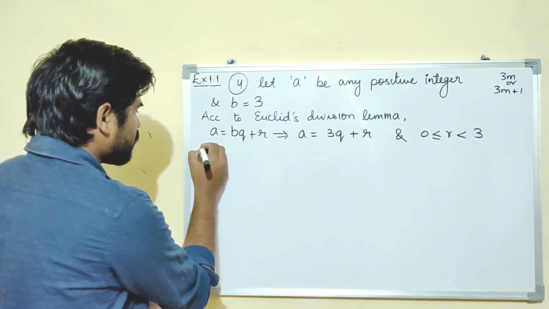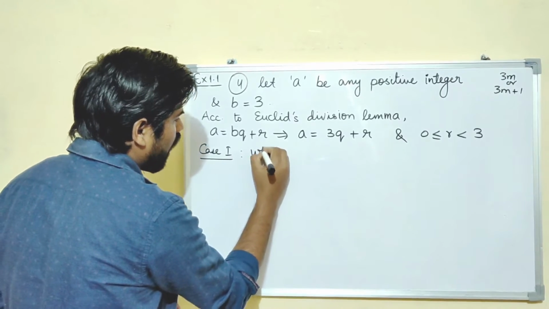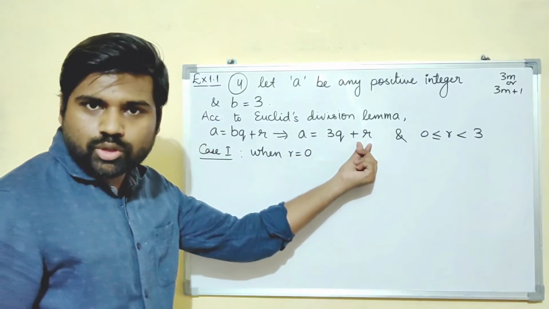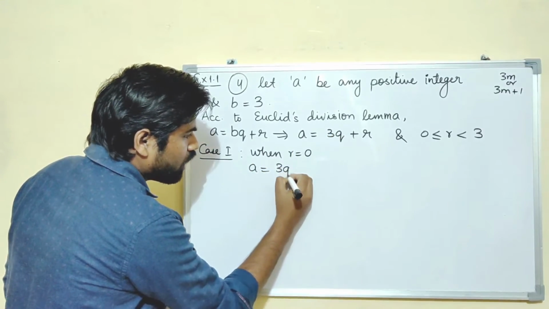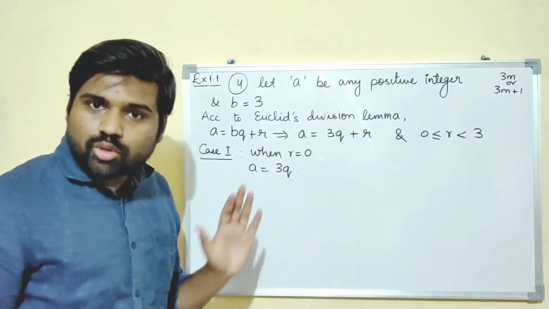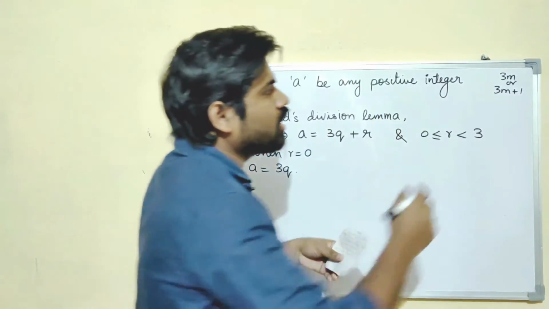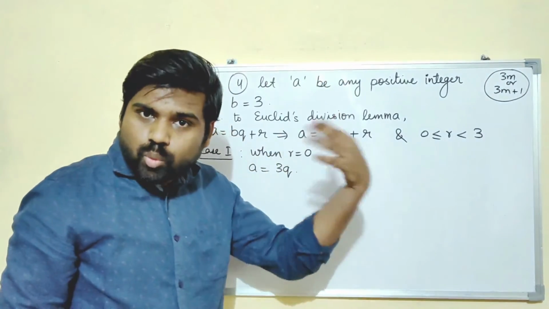Now case first, when r equals to 0. When r equals to 0, you will get a equals to 3q. But this is not enough. It is said in the question that 3m or 3m plus 1 is the form of any square.